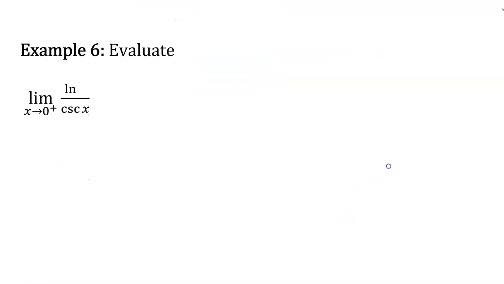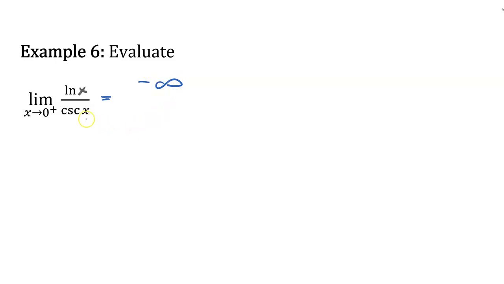So how about something like this? It's ln x over cosecant x. And do notice that we are specifically evaluating the limit as x approaches 0 from the right. That little plus sign means from the right. So in this case, ln of x, if we apply the limit, our numerator would approach negative infinity, wouldn't it?